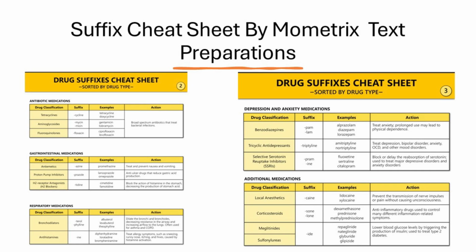And lastly, let's talk a little bit about your anesthetics. All right, local anesthetics end in caine, we all know what that is. That's for pain, like lidocaine. All right, then you have your corticosteroids. They end in sone or lone.